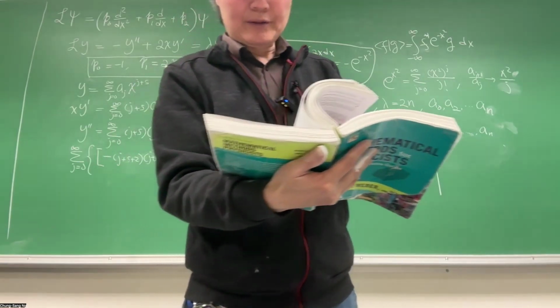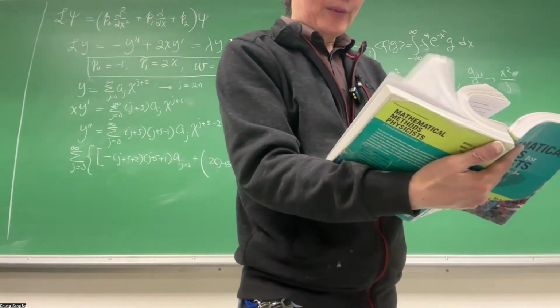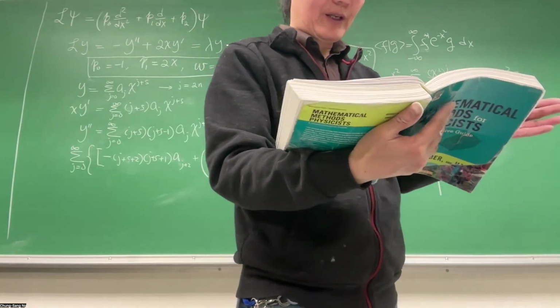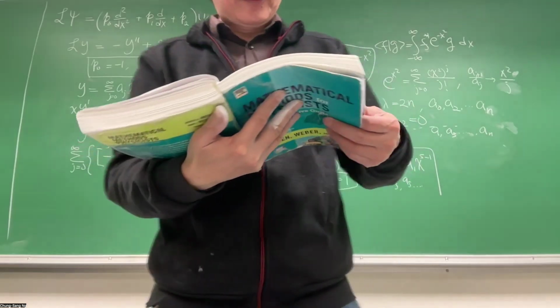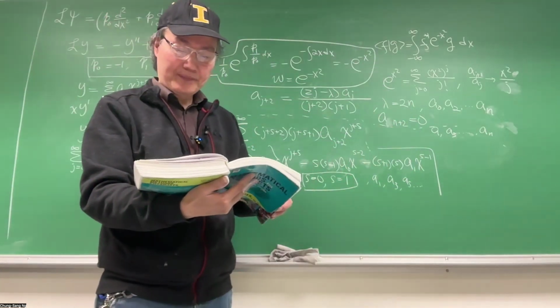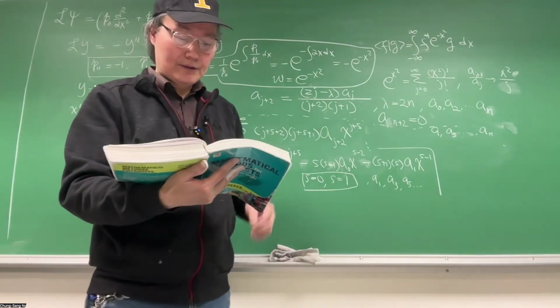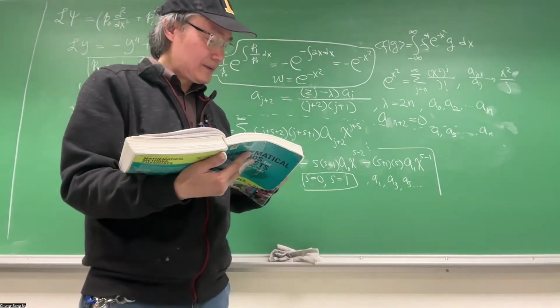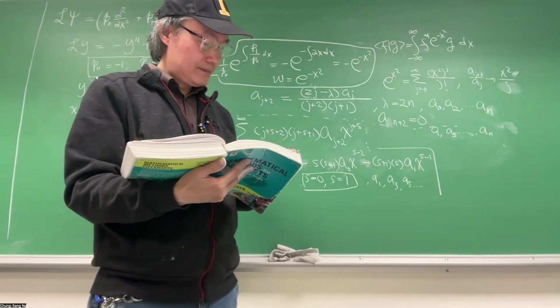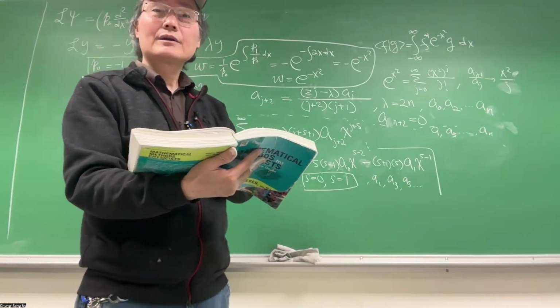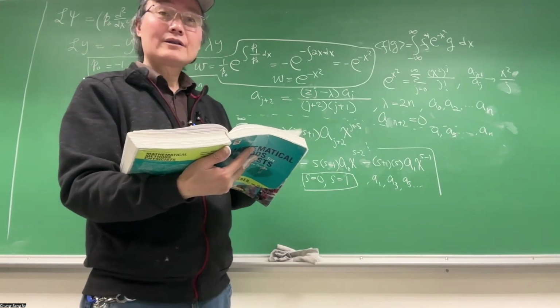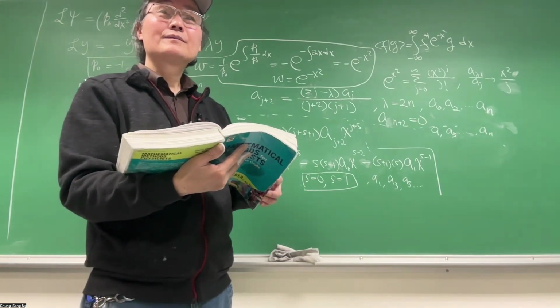We won't talk specifically about Hermite polynomials. There's another chapter that we skip that talks about that. But either way, it's a very useful polynomial. Okay, so I think that's all for 8.3. Okay, any questions? No, no.